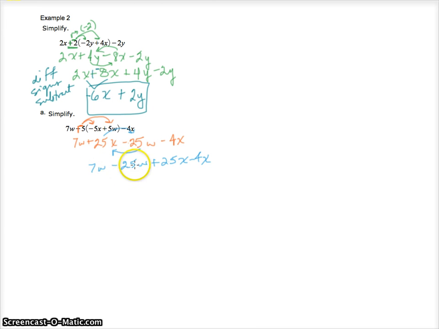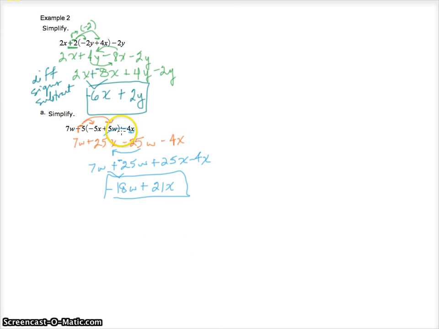The 7 is smaller than the 25, so I have to keep, change, change, so I can subtract here. Different signs, subtract again. 25 minus 7 is 18w. The 25 was larger, so it's negative 18w. Plus 25 minus 4 is 21x. I cannot simplify this anymore. They are not common terms, so I don't add them or subtract them together.